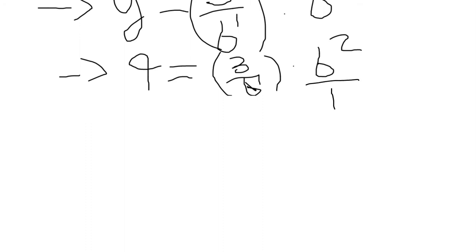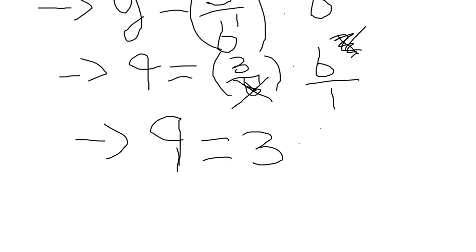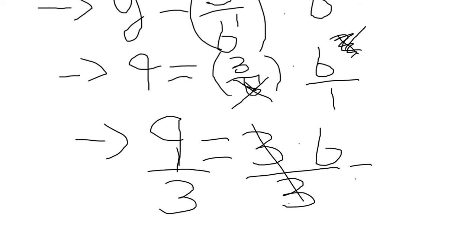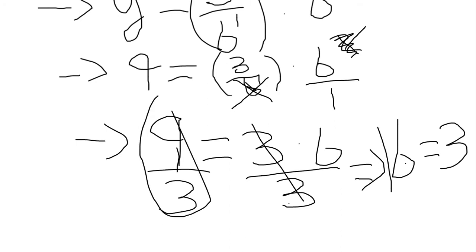So let's clean this up. We make that b to the second a fraction by putting it over 1. Then, if you remember from first semester when we simplify polynomials, I have 1 b in the bottom, and it cancels out one of my b's on top. So now this equation simply says 9 equals 3 times b. Here we're just solving a simple equation. We divide each side by 3, and we get our answer of b equals 9 over 3, or just 3.